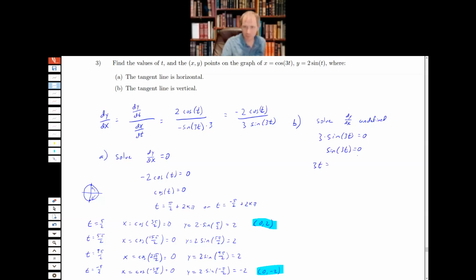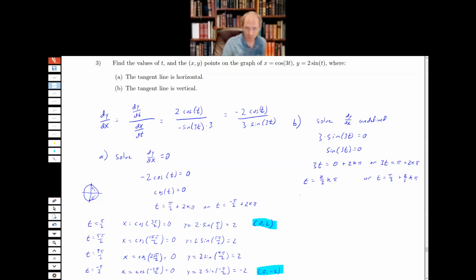So when I take the inverse sine of both sides, the inverse sine of 0 is 0 plus 2k pi. Or I could have pi minus 0, which is just pi. And now when I divide by 3, I get t equals 0 plus 2k pi over 3, or 2/3 k pi. And for this equation, when I divide by 3, I'll get pi over 3 plus 2/3 k pi.